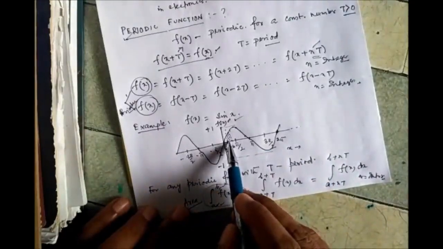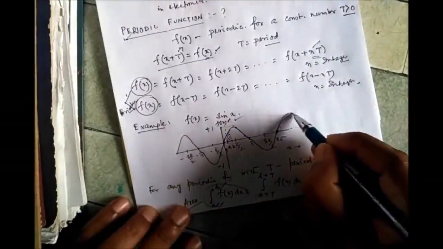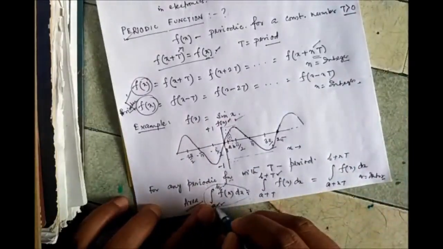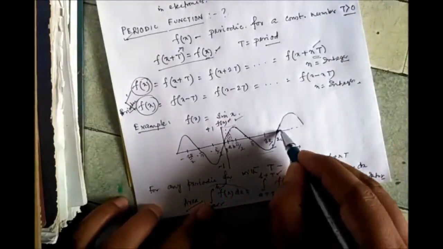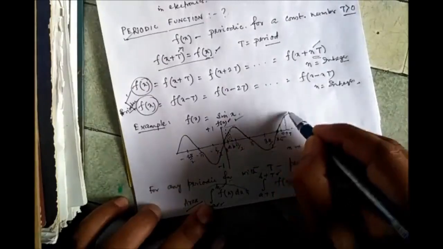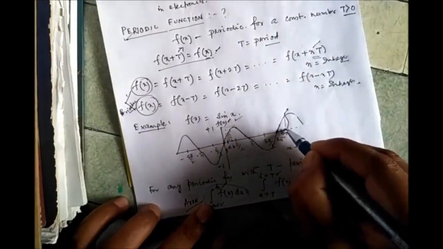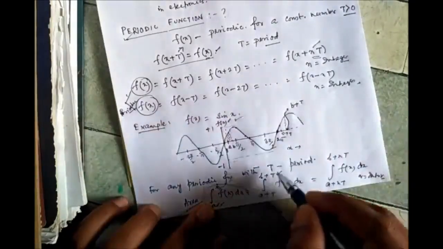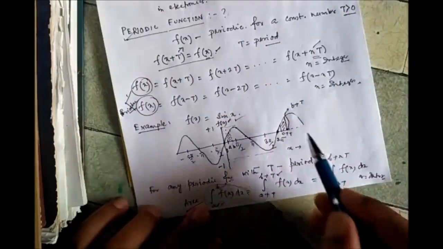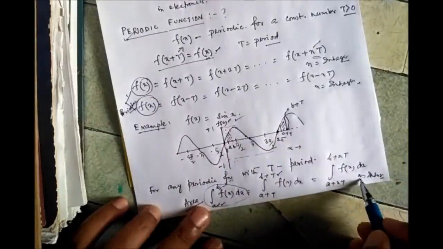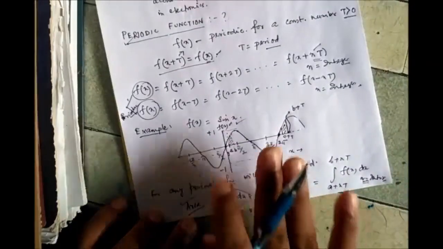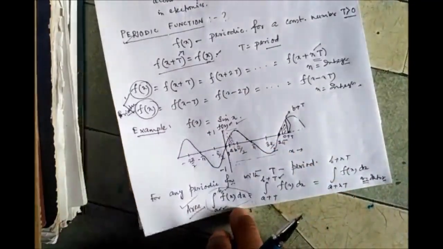Now you shift this area by a certain amount T. So you shift this point a, it appears after T. So a + T is this point, and this point represents b + T. But the area under the curve remains the same. So for any arbitrary value of n, where n is an integer, the area under this curve remains the same. So this is one condition of a periodic function.